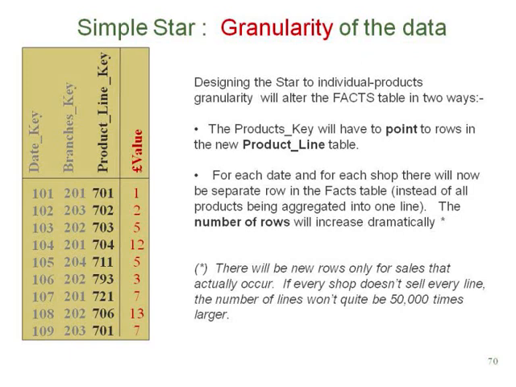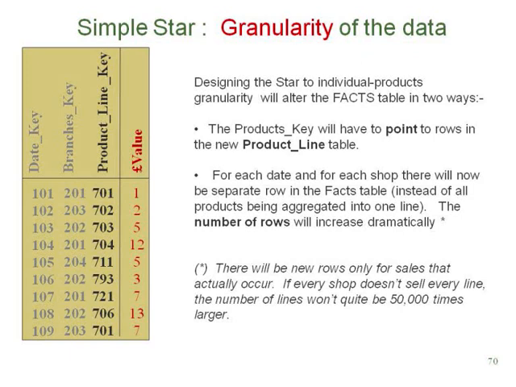So perhaps we're only going to get £1 for a sale on a particular date in a particular branch, rather than £10. You can work out, if for each date and for each shop, for each product line, there's going to be a separate row in the facts table, then the number of rows itself is going to grow quite considerably.